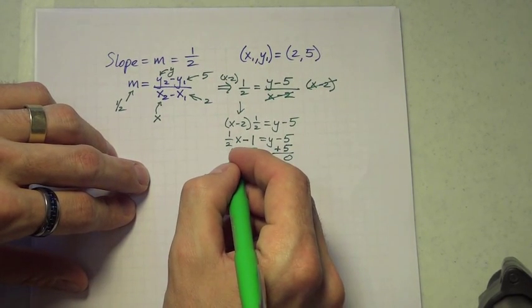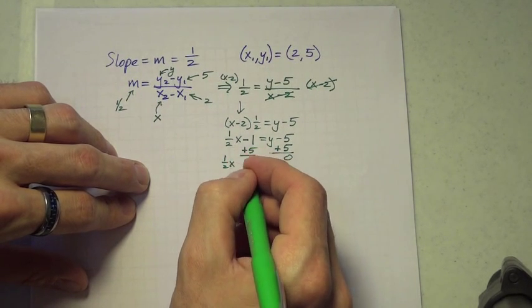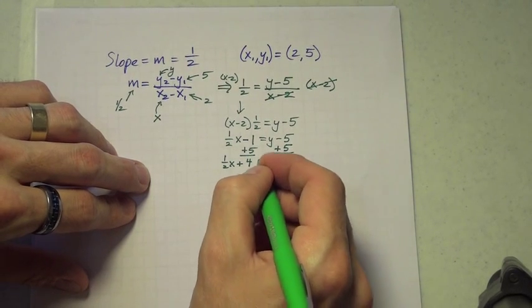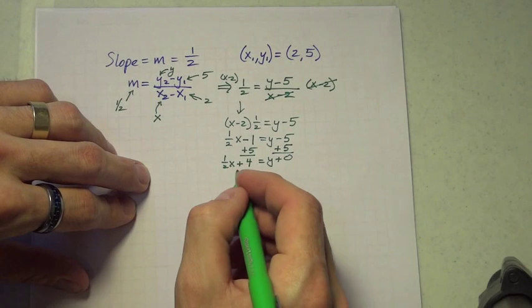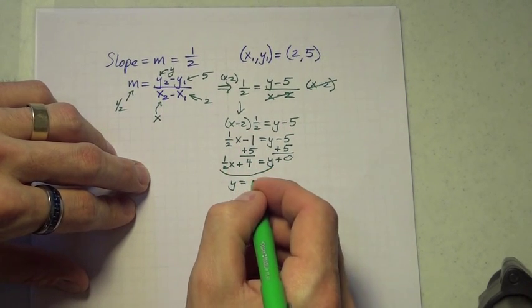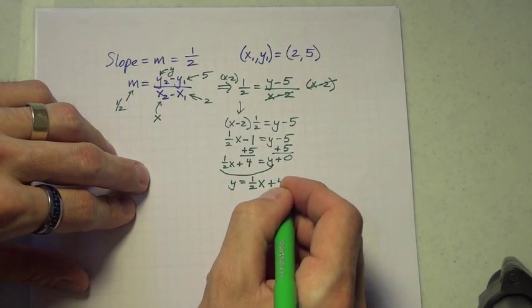And then we carry the rest of these terms down. 1/2 x plus 4, that's a positive 4, and then y plus 0, which is just y. So I'm going to flip this around. I'm going to put the y on the left-hand side. Y equals 1/2 x plus 4.